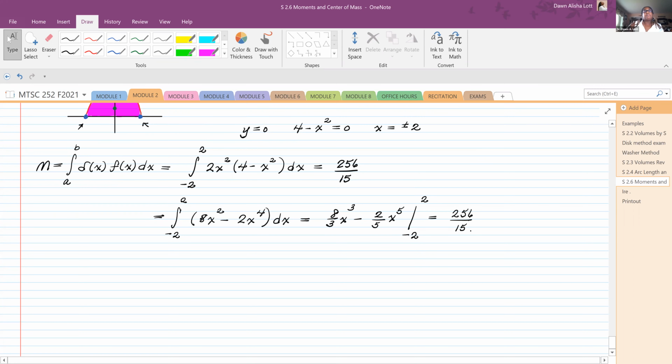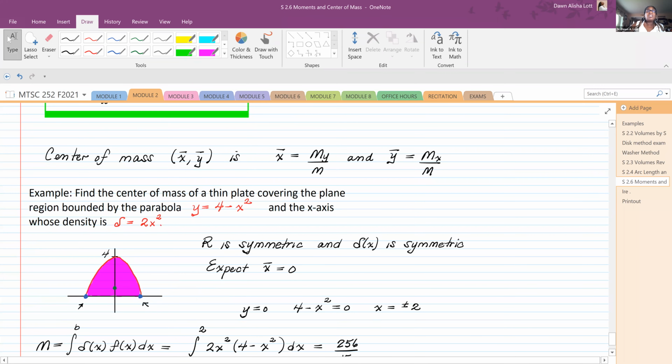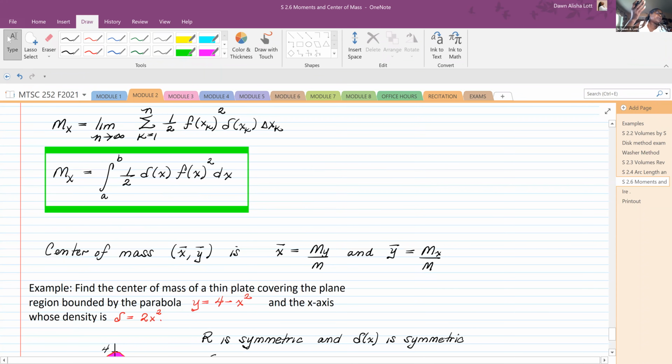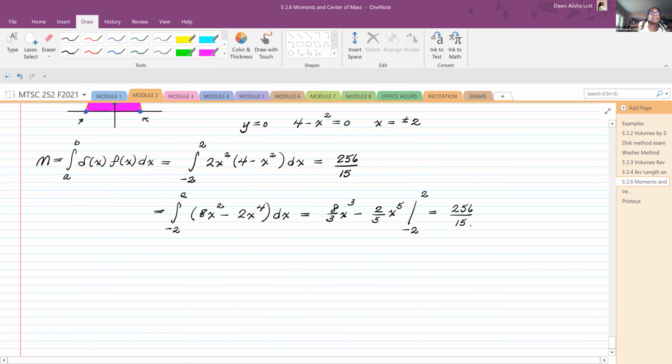All right. The next easiest one to find, well, let's see, what was the easiest one? Doesn't really matter. In order to find x bar, we need My. So let's find My.